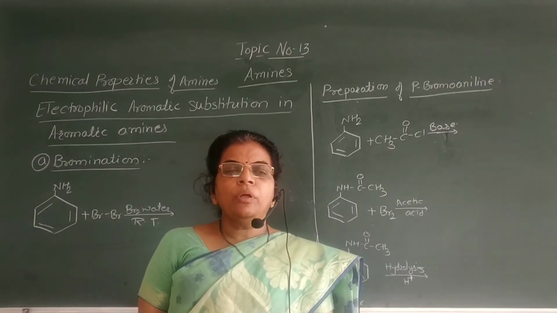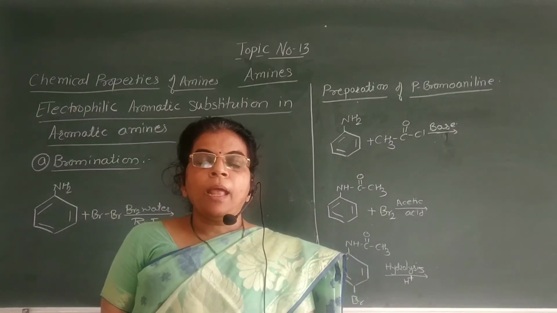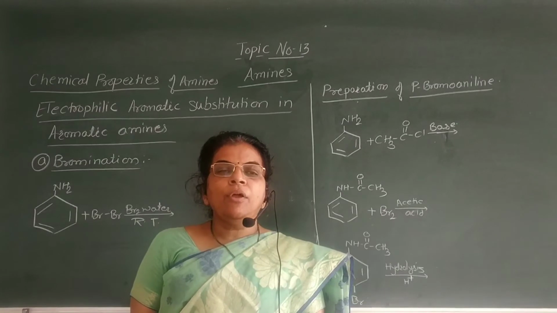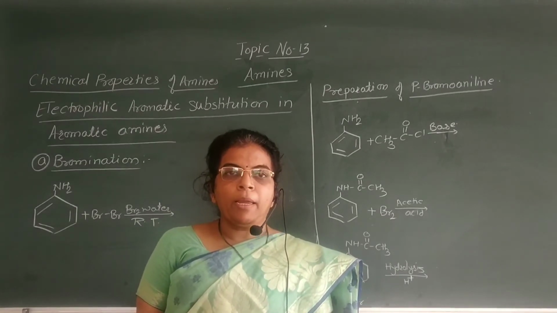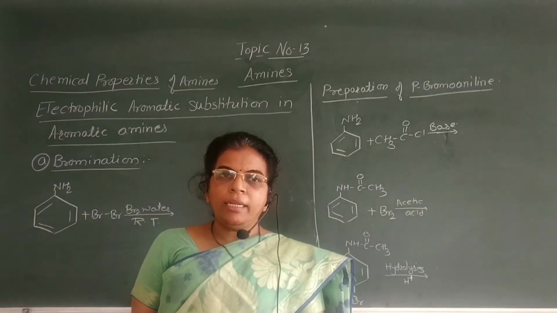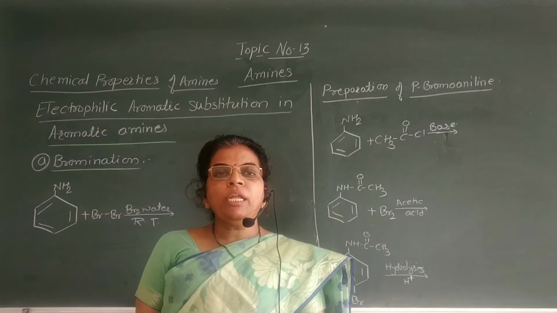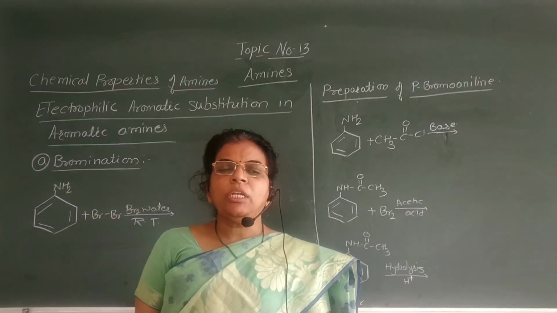Therefore this NH2 group activates the benzene ring for electrophilic substitution reaction at ortho and para positions, and so aromatic amines or aniline undergo electrophilic substitution easily at ortho and para positions.